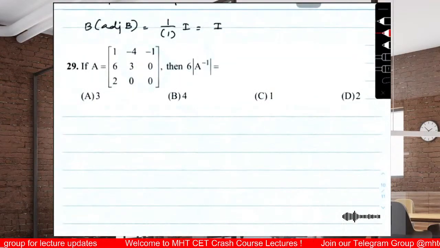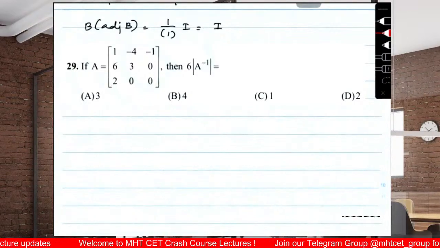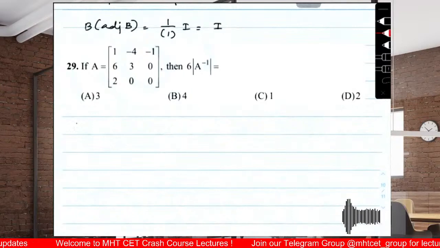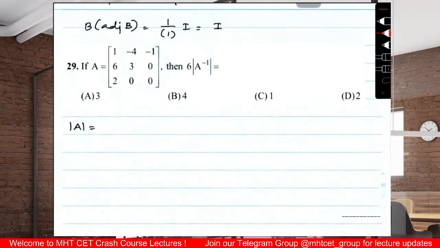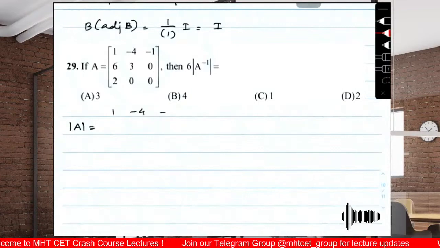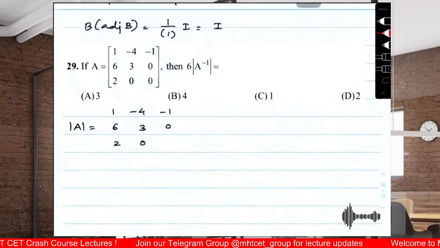Matrix A is given, then 6 times determinant of A inverse. So we wrote this just now. First you have to find determinant of A. 1 minus 4 minus 1, 6 3 0 2 0 0.